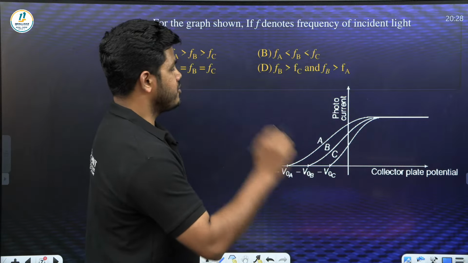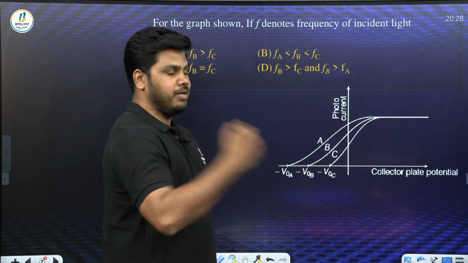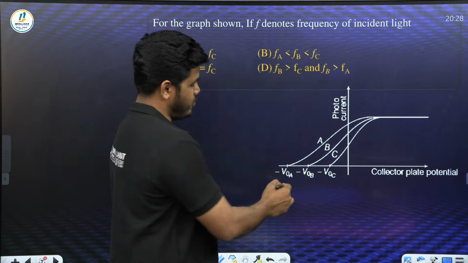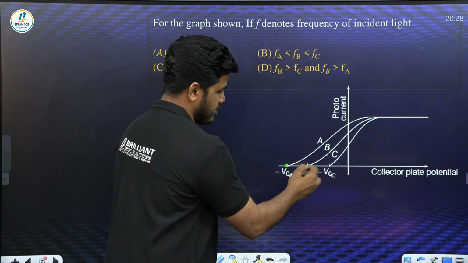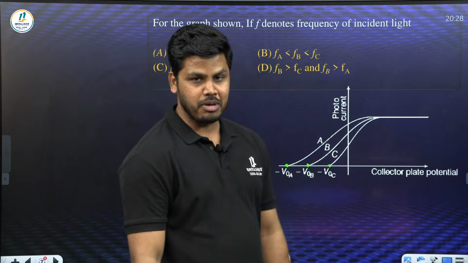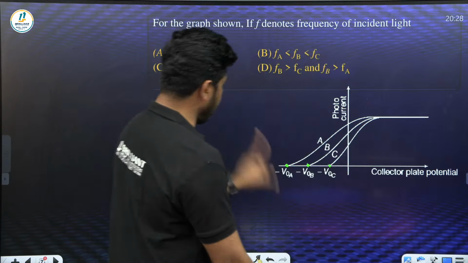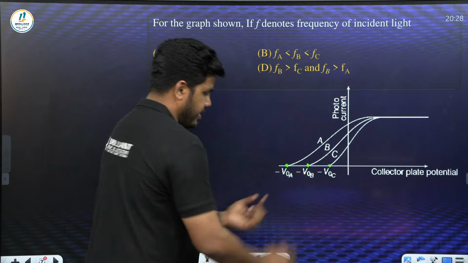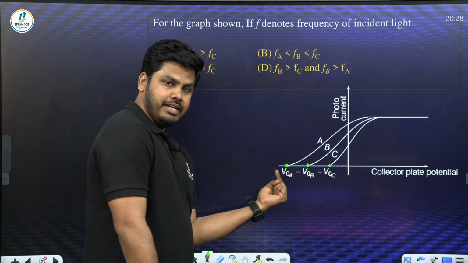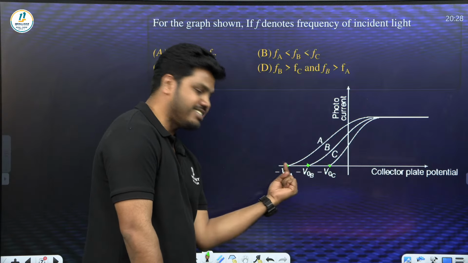Just now I told you, whenever we change the frequency, the stopping potential is affected, and you are given 3 different stopping potentials in the graph. The stopping potential of A is the most.